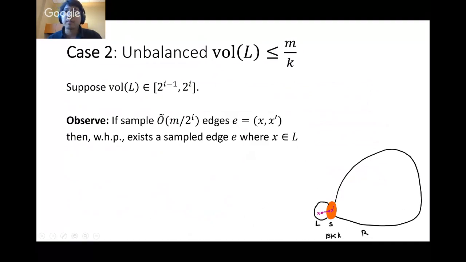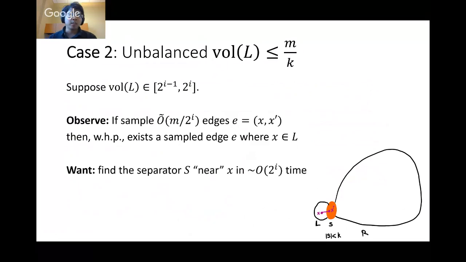Once you have that X is in L, what do we want to do next? What we want is to find a separator S here that is near X in time 2 to the I, like sublinear. If we can do it, then the total time will be linear.